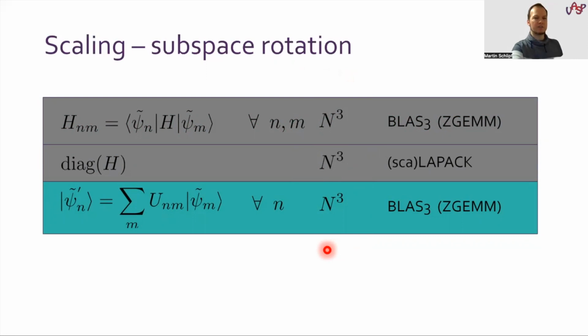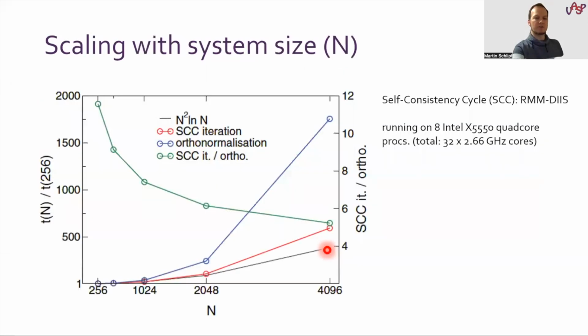And you can actually see this if you measure the timing of the code for these different contributions. So I will show you now a busy plot with a lot of figures. Let me show you how you can look at this particular graph. This line at the bottom is the ideal scaling of the FFT. So this is an n squared log n plot.